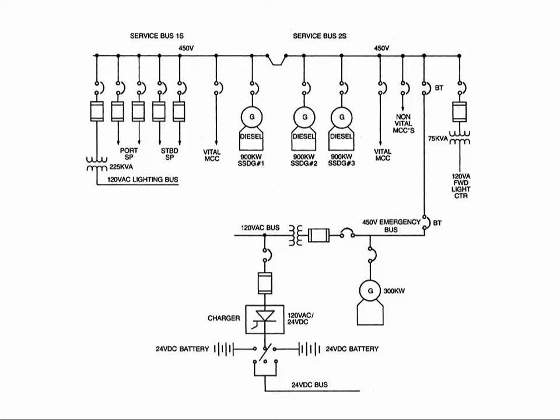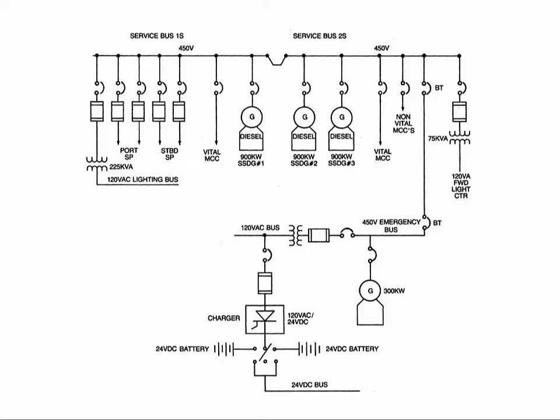This is called a one-line circuit diagram. It's very typical to find in the distribution, let's say behind the main switchboard or up in the emergency board. It gives a simplistic outline of the distribution system on a ship. Now, this is for the training vessel, and you can see that it has 3 900 kW diesel generators.